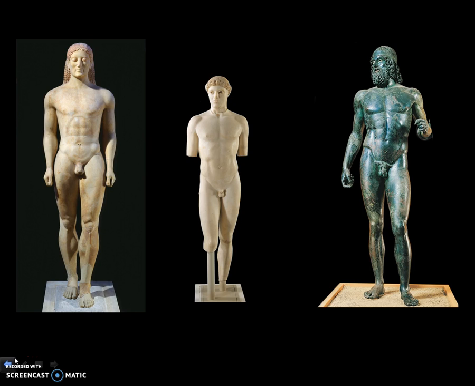If we follow, for instance, this trajectory from roughly the late 6th century into the late 5th century, we can see how Greek artists are concerned with an increasingly naturalistic representation of the human body, particularly in terms of weight-bearing functions and movement.